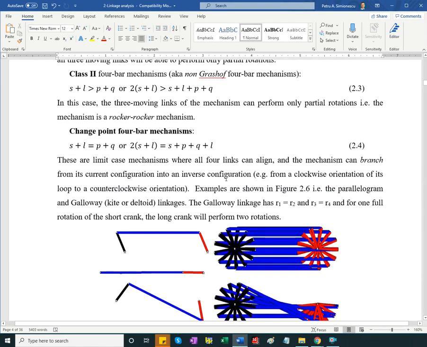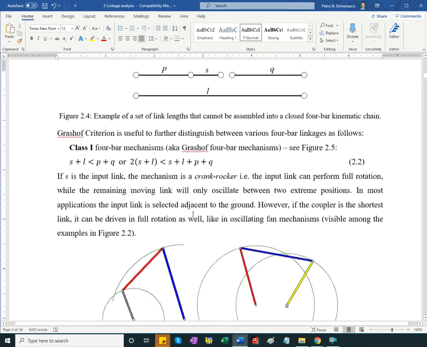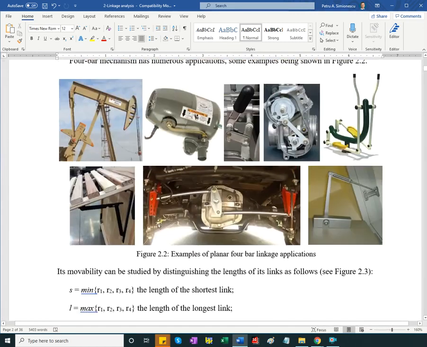The conversation is extended in textbooks elsewhere, discussing the folding 4-bar mechanisms. There is a relatively recent increase of interest in folding mechanisms in general. You can have deployable structures. It can go into space applications.